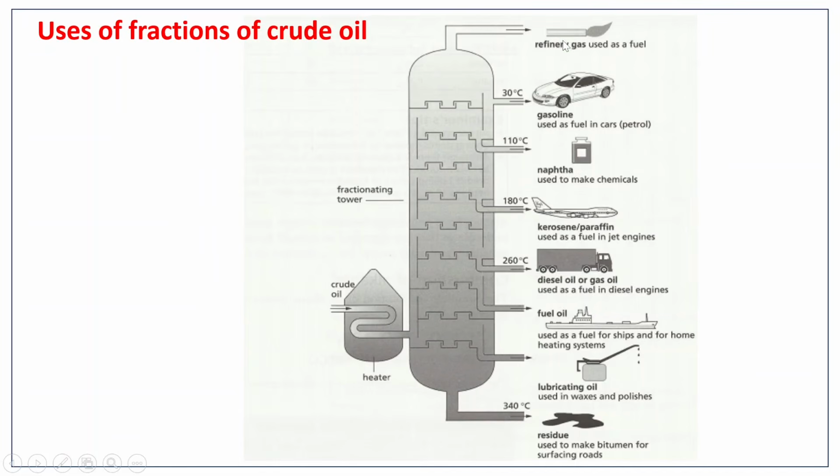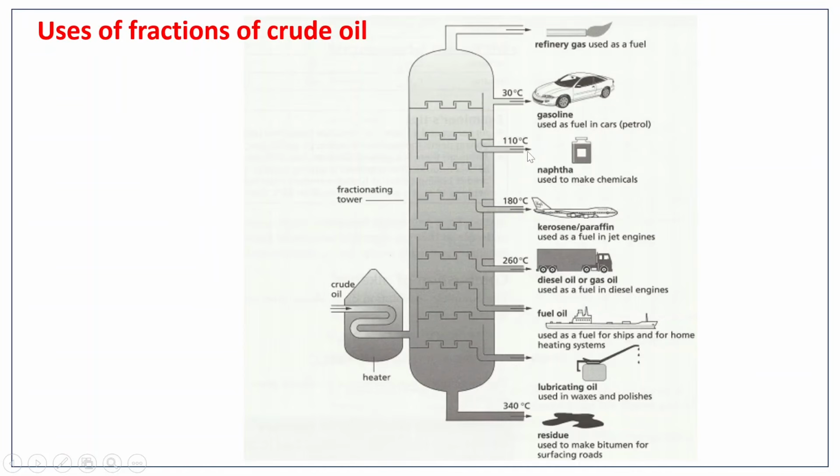This one can be used as fuel in lamps, even in gas stoves and so forth. Then the next fraction, which is produced at stage 2, is known as gasoline or petrol. So gasoline or petrol is used as fuel in cars, okay?